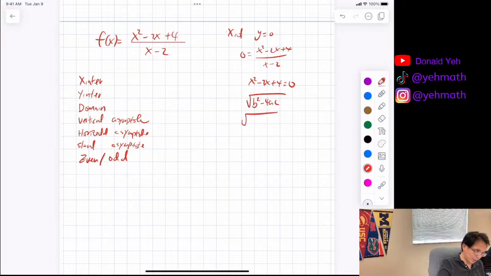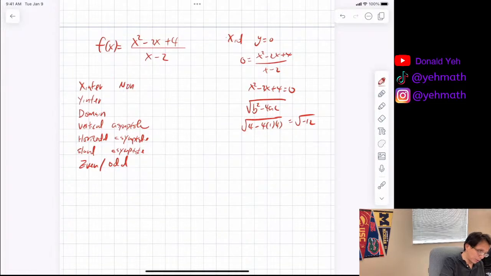So it'll be 4 minus 4 times 1 times 4. And this is square root of negative 12, which means you have no roots. So there are none for x-intercept, because you can have a non-x-intercept. Actually, a lot of functions have no x-intercepts, like 1 over x has no x-intercept.